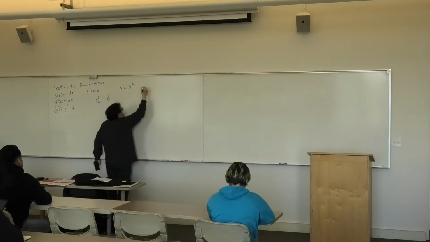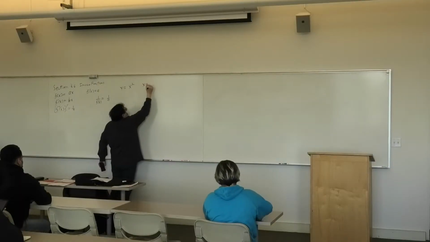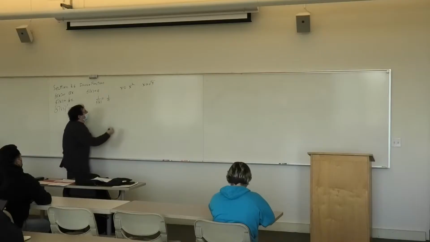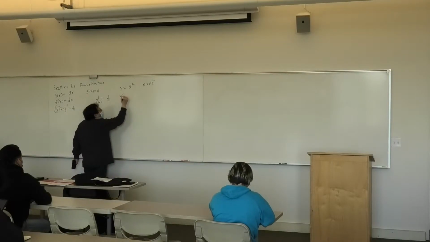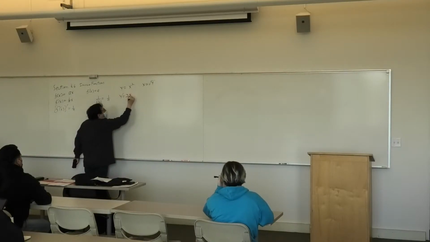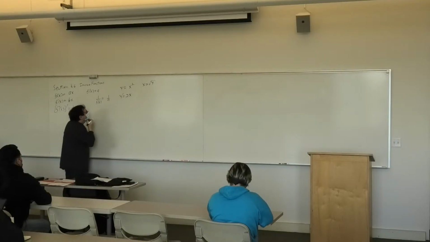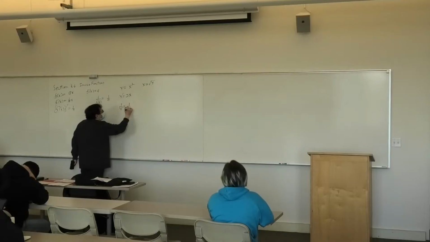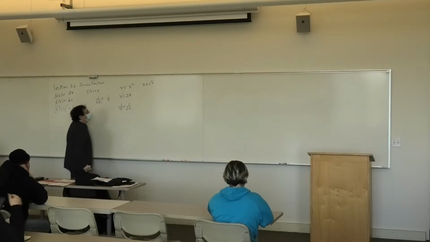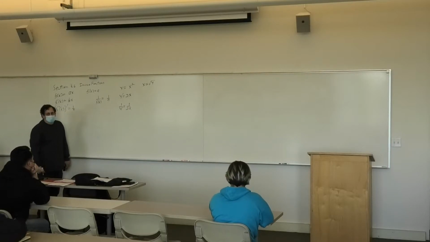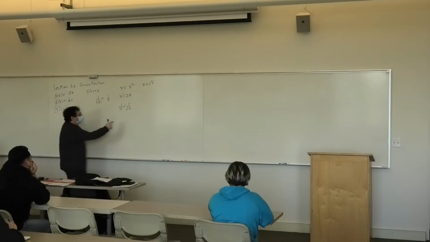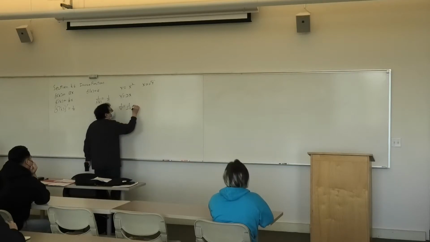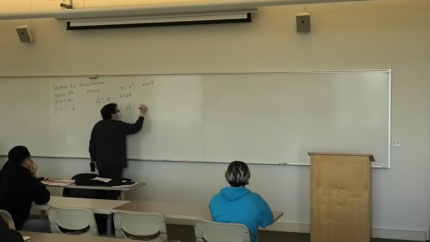And because I'm going to need it later, I'm going to write x equals square root of y. So the derivative of y is, of course, 2x. And 1 over the derivative of y is 1 over 2x. So x is the square root of y, and we get 1 over 2 square root of y.